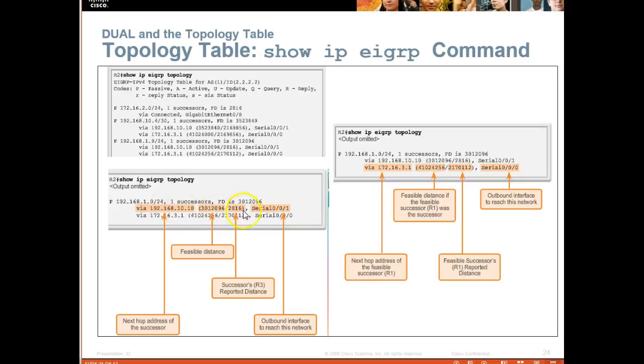This route has a successor and a feasible successor, which means the backup route, and the interface. And again, here's another example of the feasible distance.